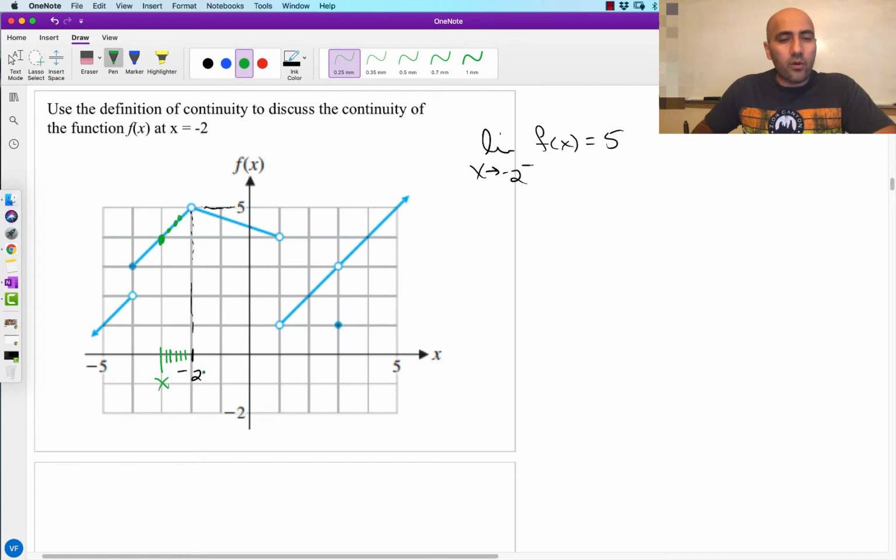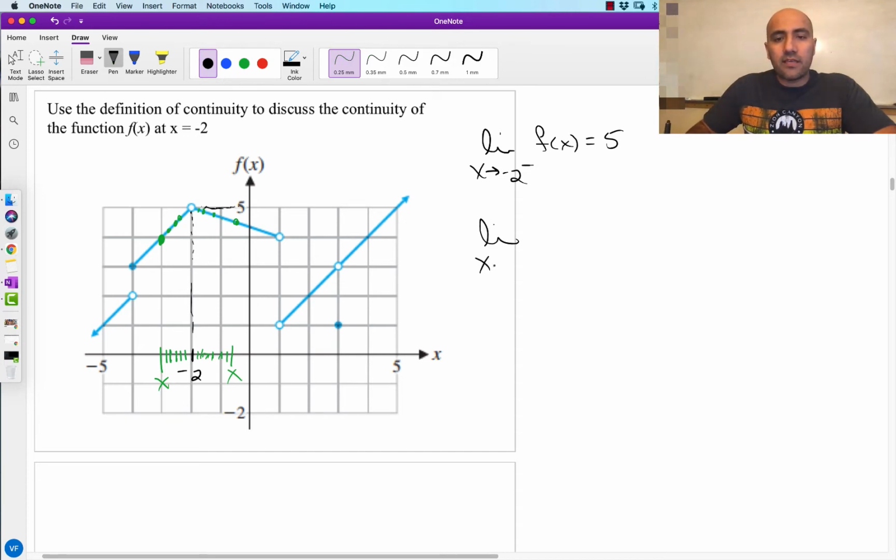What about the other side? So now if I want to approach -2 from the other side, maybe I pick this point here to begin with, that traces to there. And then I get a little closer and a little closer, infinitely closer and closer to -2. I see that the output values are just going to continue to get closer and closer to 5. So the right-hand limit exists, and it's equal to 5.